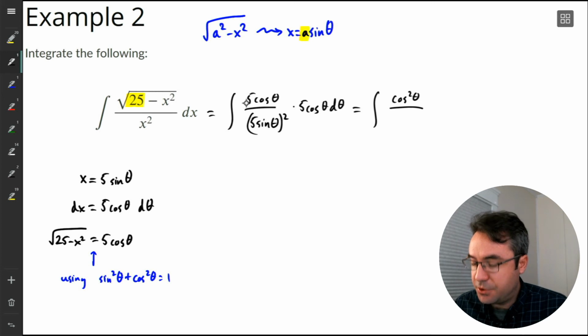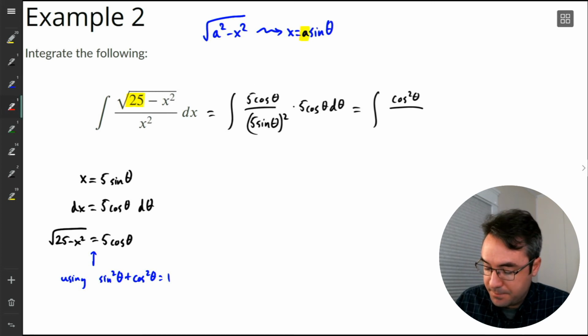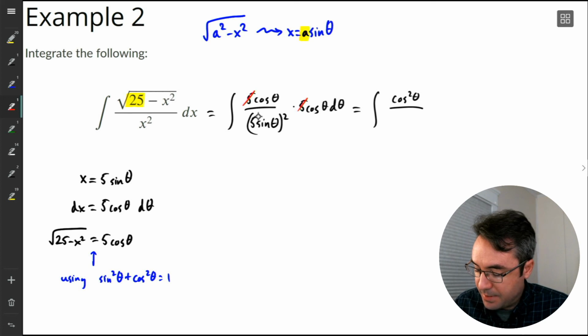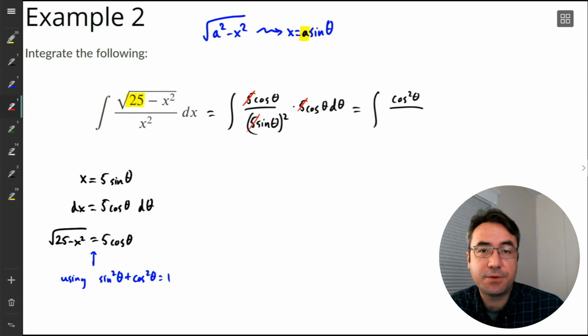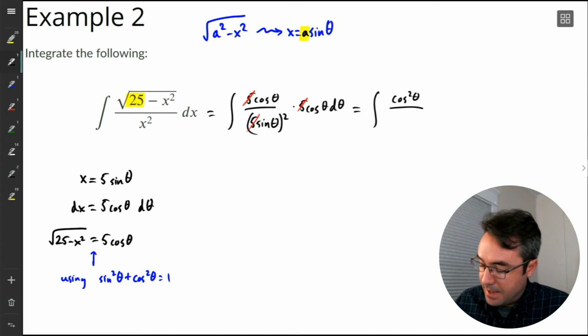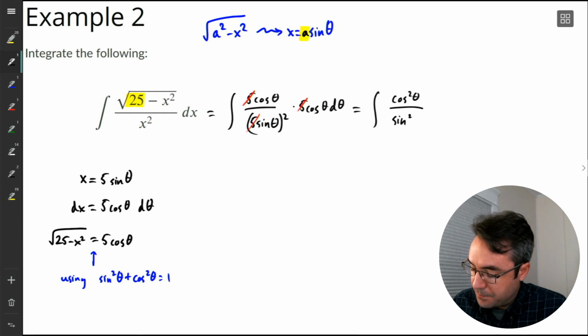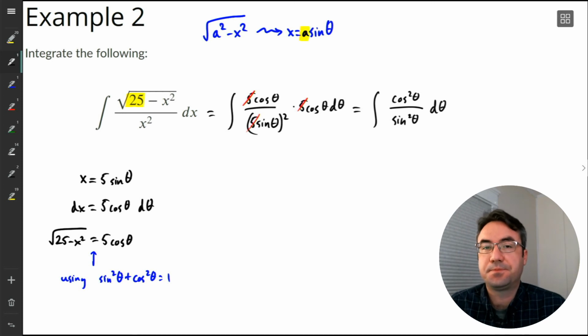Then we have 2 copies of 5 in the numerator, and we have 2 copies of 5 in the denominator. So those are going to cancel. And so we're left with cosine squared over sine squared d theta.